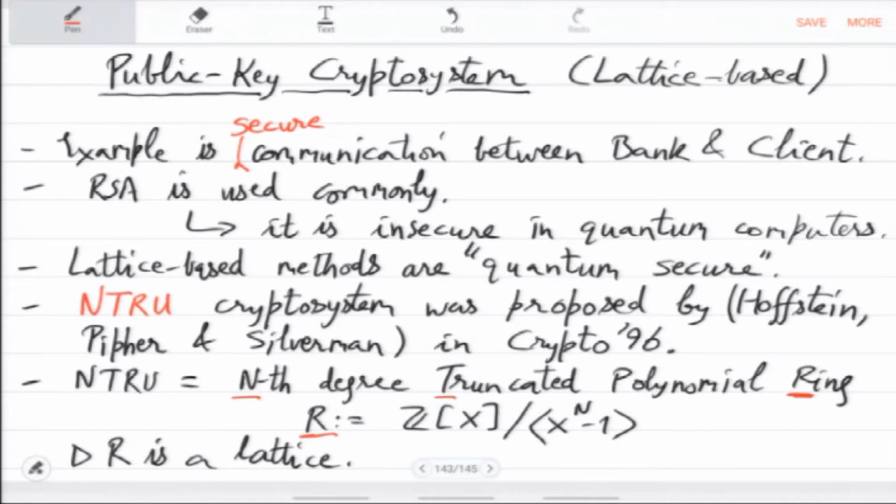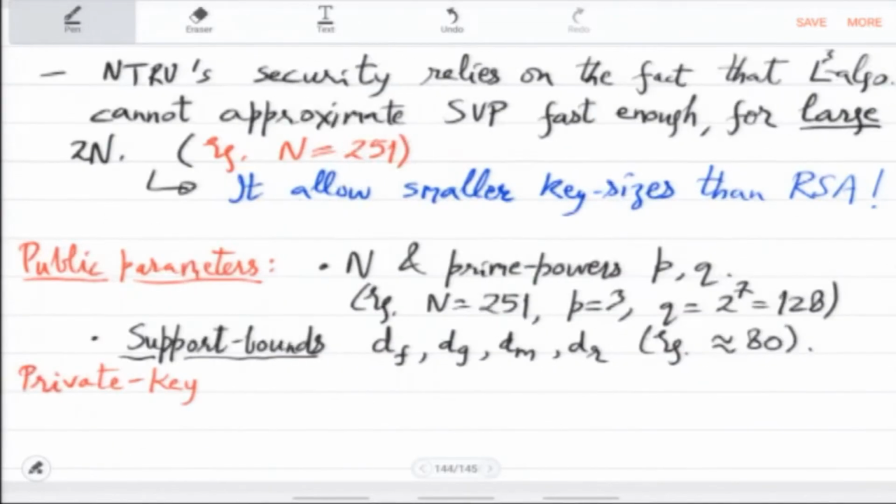Since the underlying coefficients come from integers, this is a lattice of dimension n. So the advantage of this over other standard public key crypto systems is that the security really depends on the size of n, the magnitude of n, and it is already decently secure if you take n to be 251 or more.